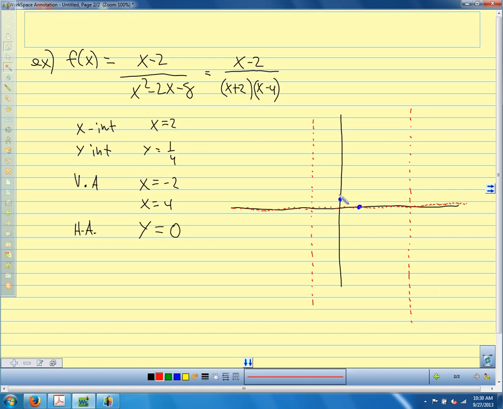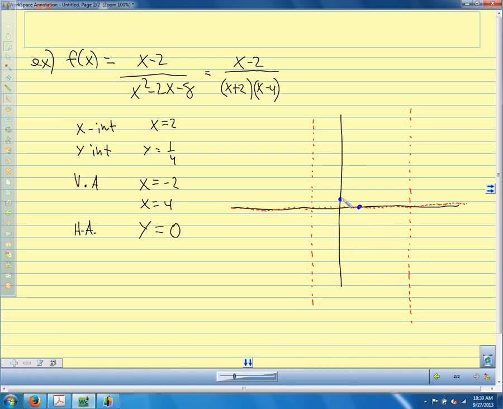I'm guessing that because my y-intercept is here and my x-intercept is here, my graph is going to make kind of an S shape here. If I wasn't sure, I would plug in some points to make sure that the graph made that shape. So I plug in x equals 2, something like that, and I would end up with a point down here somewhere.